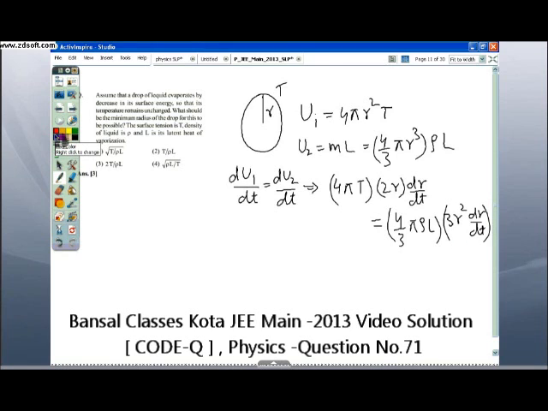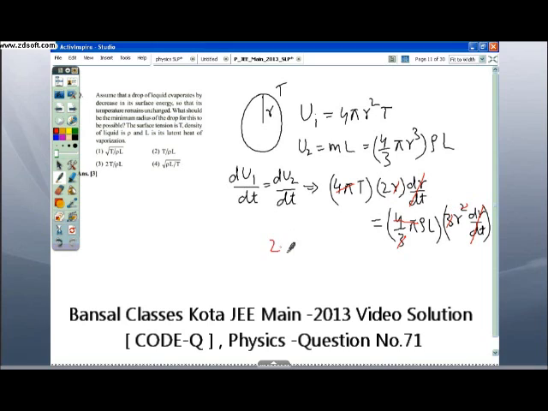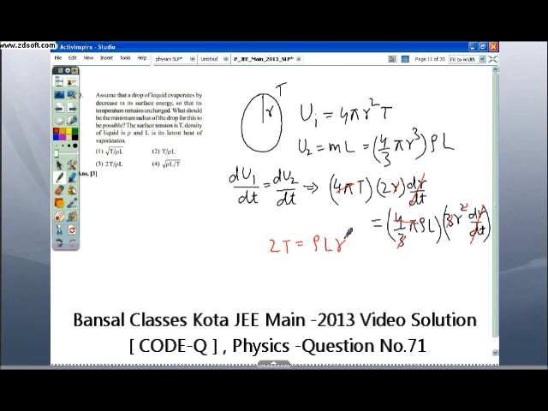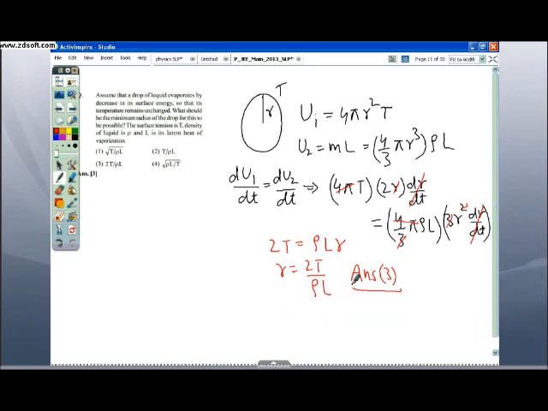So you can see, we solve this, 4 pi and 4 pi will cancel out, dr by dt and 3 will cancel, r and r square, one r will remain. So 2T equal to rho L into r. From this we get r equal to 2T by rho L. So the third answer is correct.